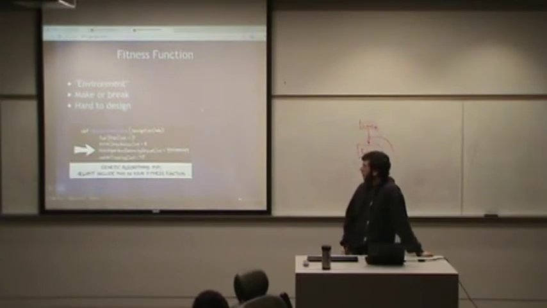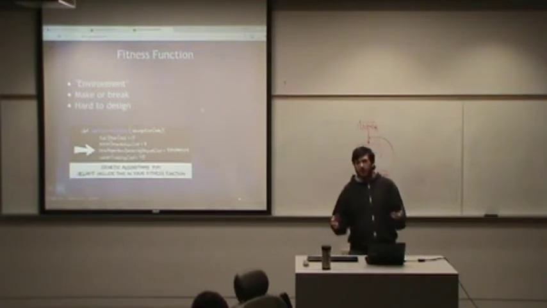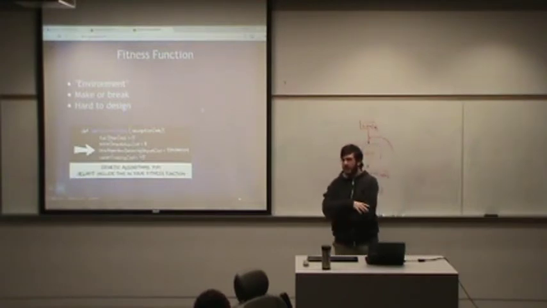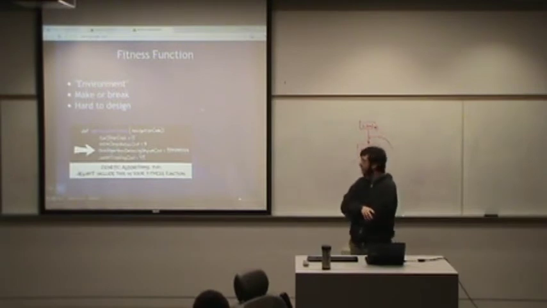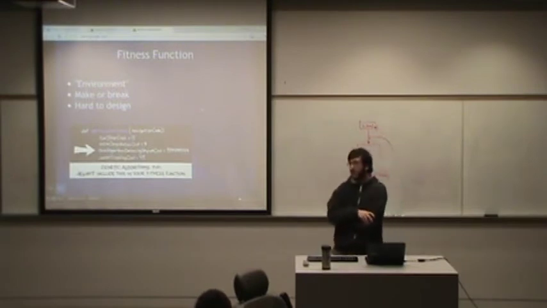So this is the environment that you're running it in. The fitness function is the equivalent of how well you fare out in the wild and how well you're doing. It's what forces the chromosomes to go towards a better solution. So it's what makes or breaks your genetic algorithm, and it's very hard to design. If you design a bad fitness function, your genetic algorithm may never converge and you'll be sitting there for years.